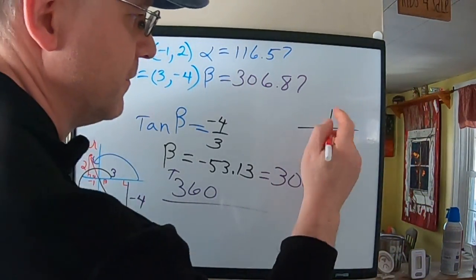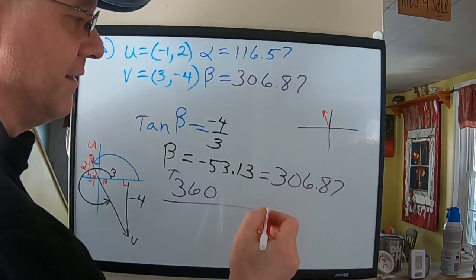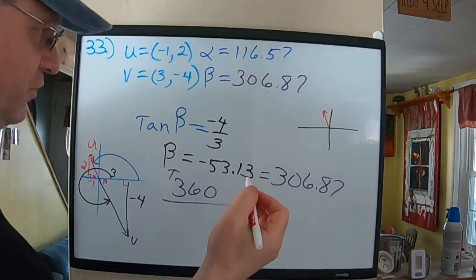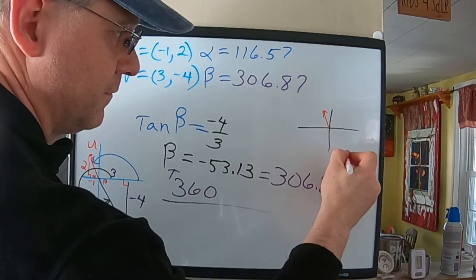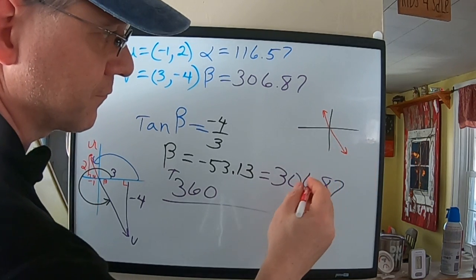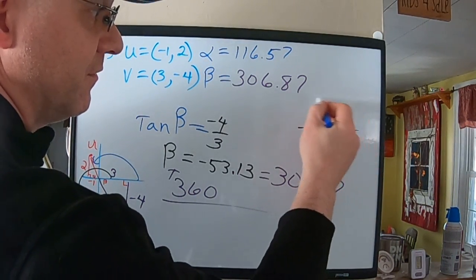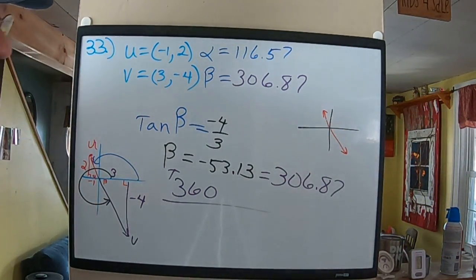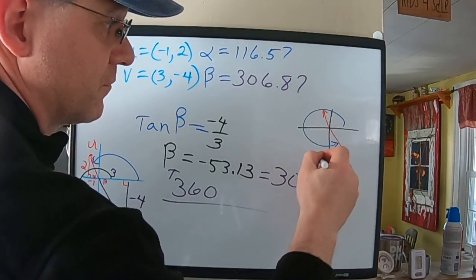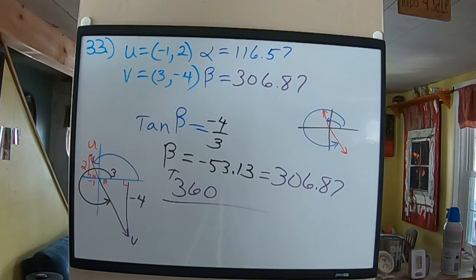If this is alpha, or U, and this is beta, one of these angles, if we subtract the two, if we say this minus this, it gives us this angle. 306 minus 116.